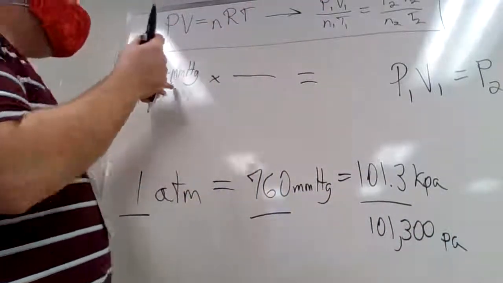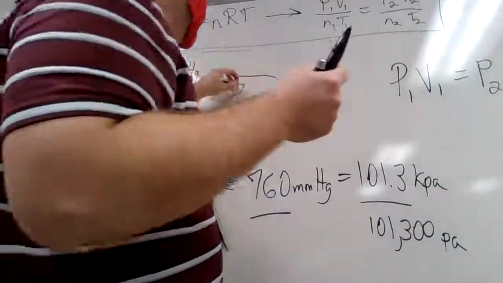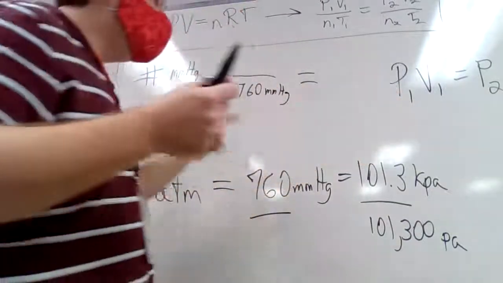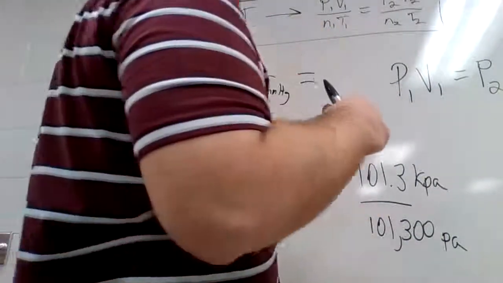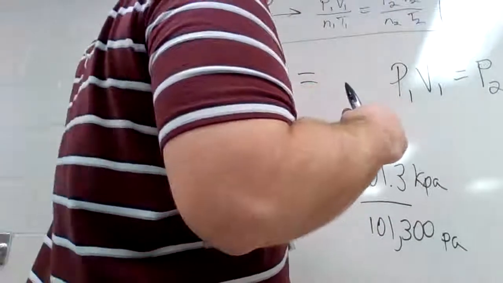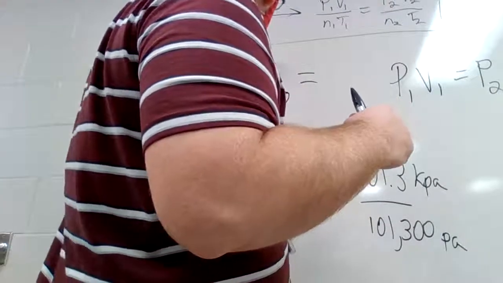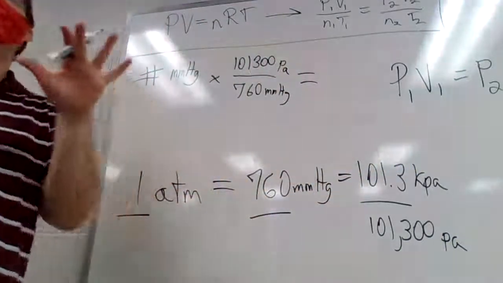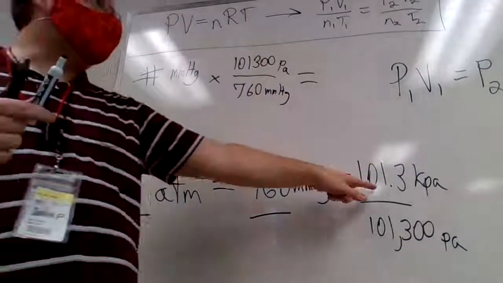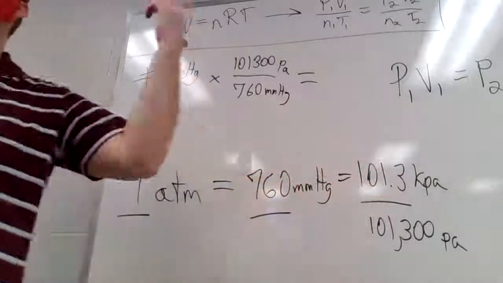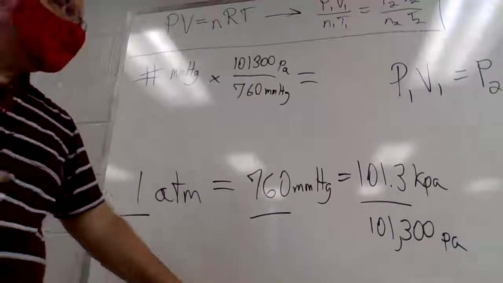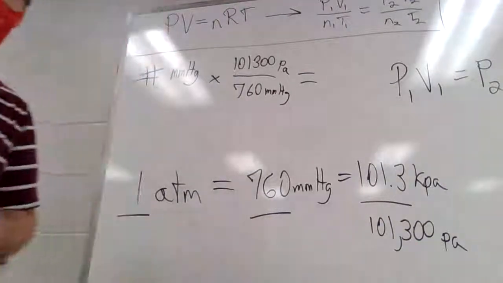If you're getting rid of millimeters mercury, 760 needs to go on the bottom, and then pascals would go on the top, which is 101,300. Or, not to confuse, you would just use the kilopascals number and then multiply by 1,000 to get rid of the kilo.